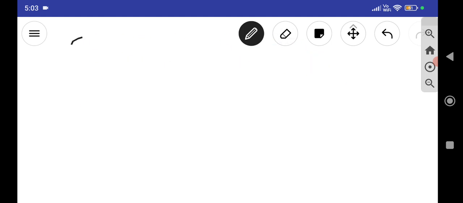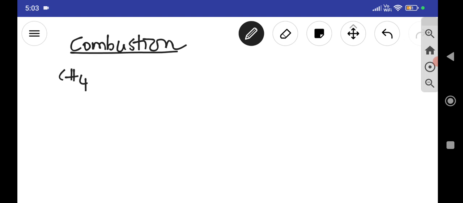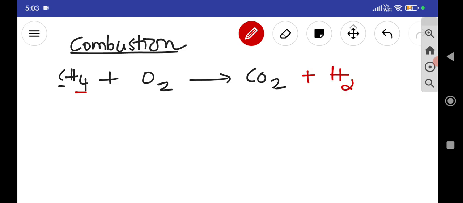Next one is about complete combustion of alkane. Any alkane, let them give. So how do you perform this combustion? First take methane. Methane plus O2. Always remember, carbon gives carbon dioxide and hydrogen will give H2O in the combustion. Now for balancing the equation, you have to follow the order of carbon, hydrogen and oxygen.